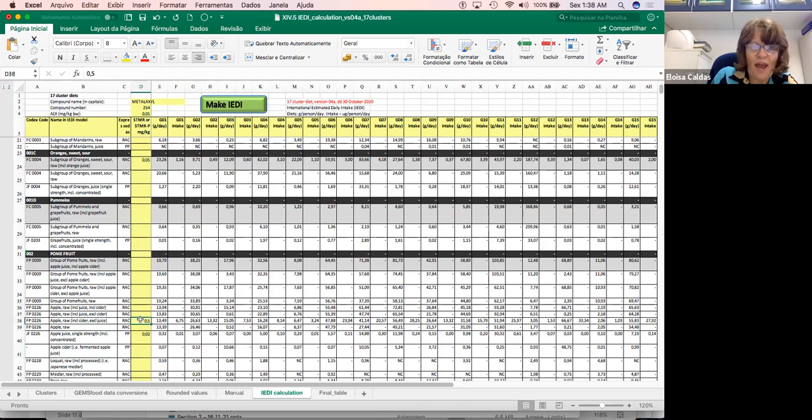So here you have to exclude juice and put the STMR of juice, which was derived from the processing factor for juice, which is much lower than the residue in the fruit.